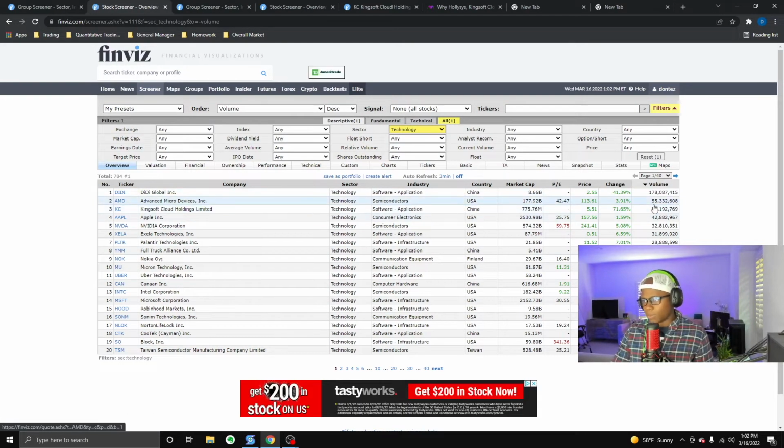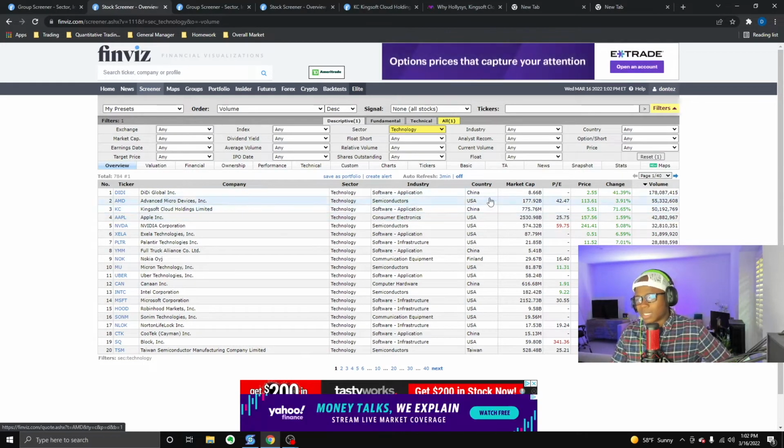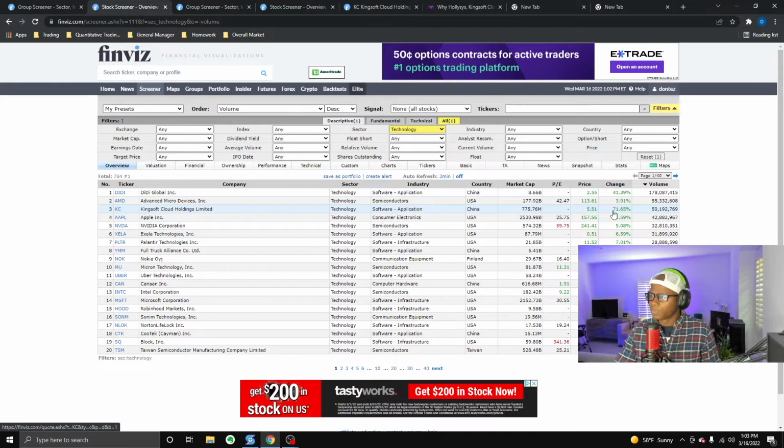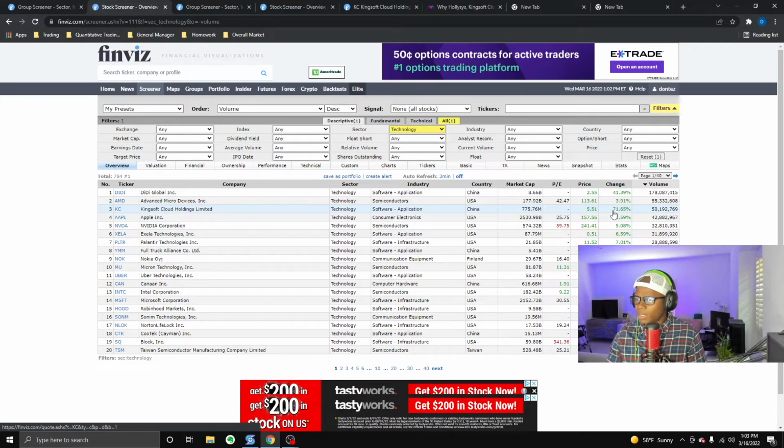At the top, you'll see in the technology sector, it's actually a Chinese company. And you're like, oh, okay. But it's only up 41%. The thing we saw before was up 71%. Wait, there it is. Now with that, we can see that this 71% is pretty high up there.